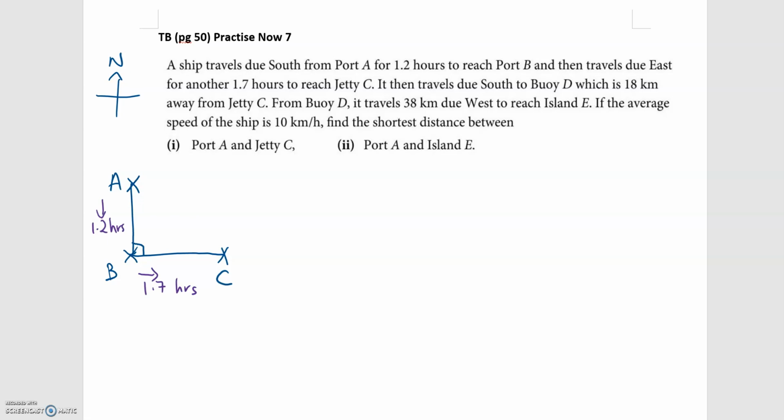The ship then travels due south to buoy D. So now the ship will continue traveling, which is 18 kilometers away from jetty C. Now I do not really know how long this CD should be relative to the other lengths, but it's okay. It's just a sketch for me to visualize. So buoy D is 18 kilometers away.